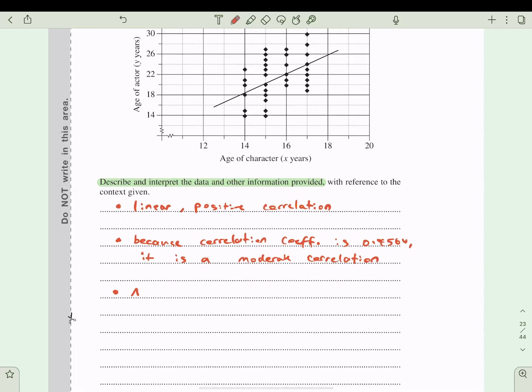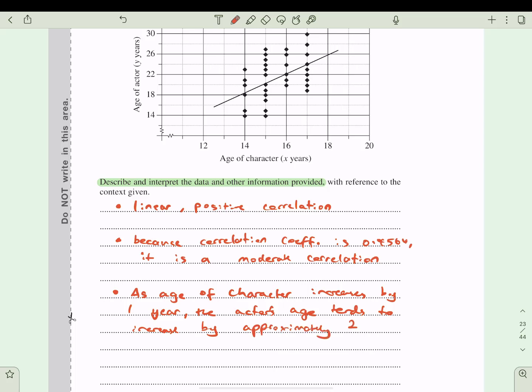So we are going to say, in relation to this context, as the age of my character increases by 1 year, the actor's age tends to increase by approximately, okay, so we should say approximately 2 years.